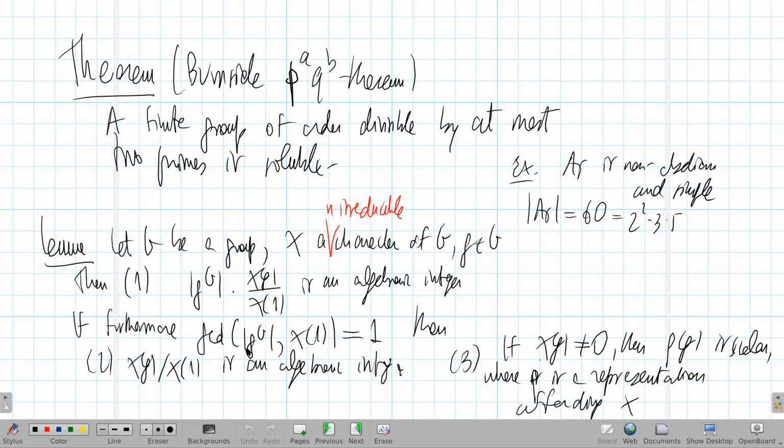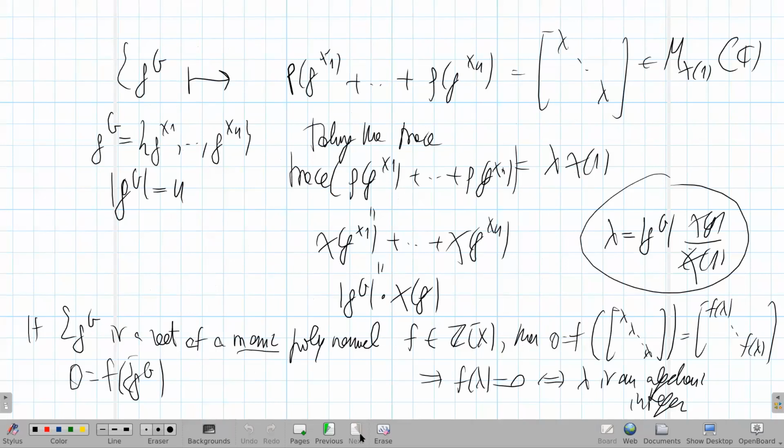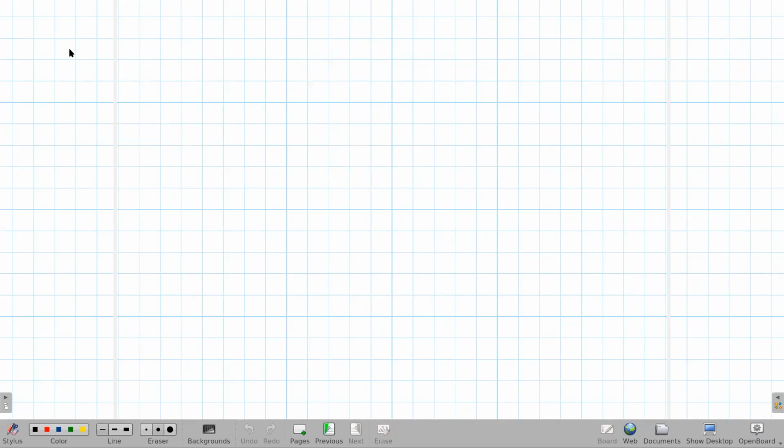Now we want to prove that if these two are coprime, then first of all, chi of g over chi1 is an algebraic integer, and this is easy enough because we have proved that lambda is an algebraic integer. Well, no, I don't need to copy this, so I'll simply write: we know that this is an algebraic integer.